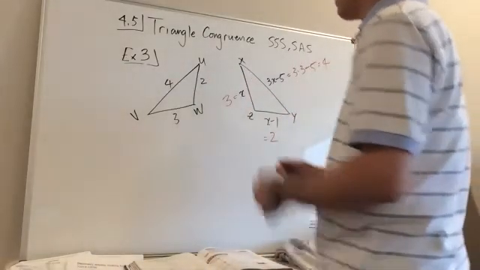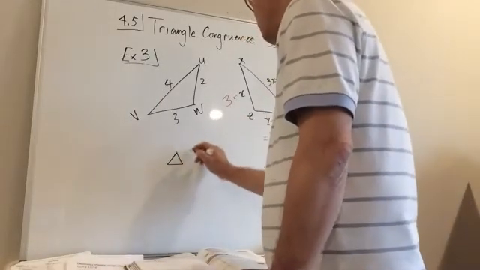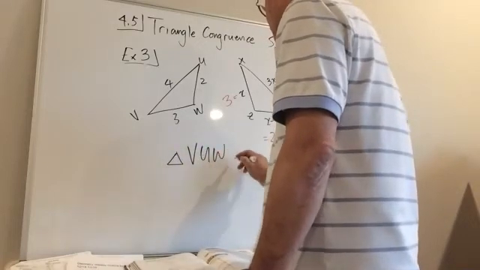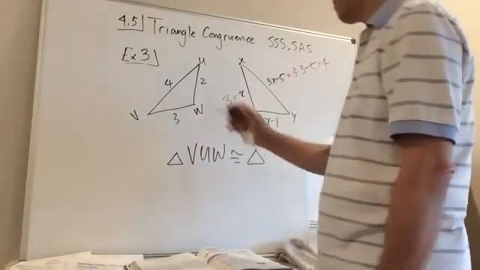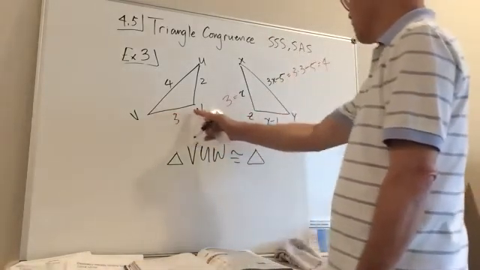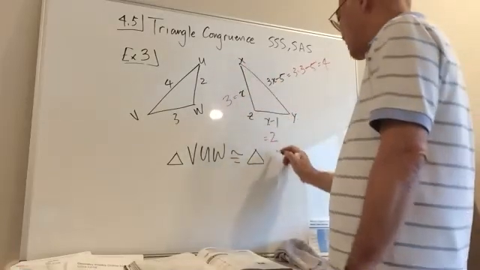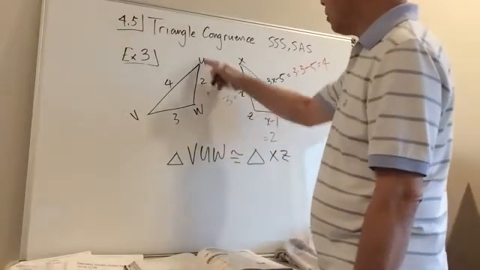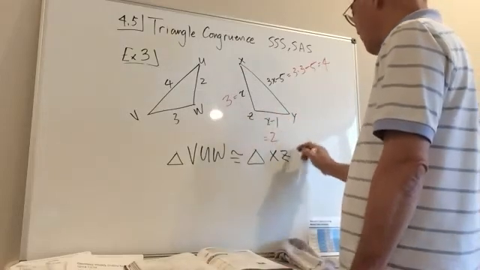Okay, so if I had to write these statements, I would write triangle VUW is going to be congruent to triangle. What's the corresponding part to VW here? VW would be here, right? So it would be XZ, and UW is 2, which is going to be here, so it would be ZY, right?